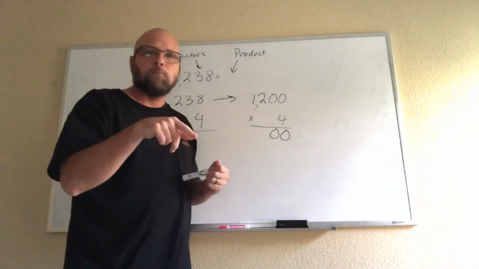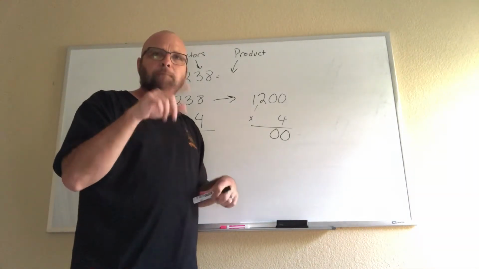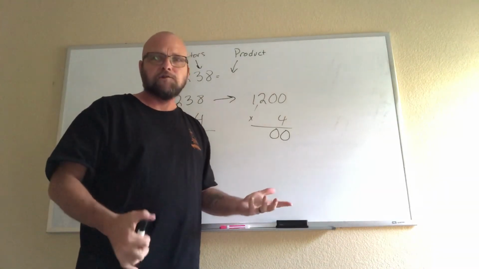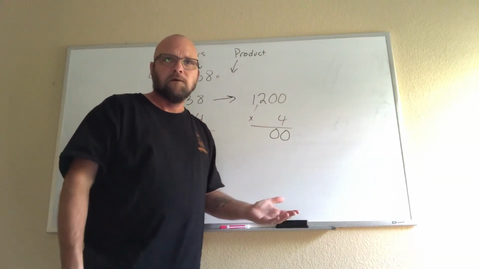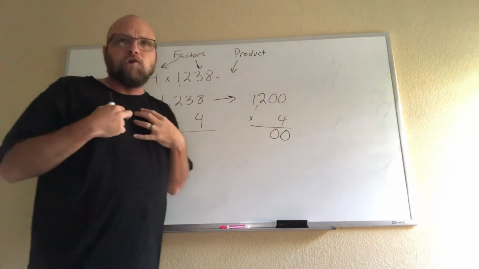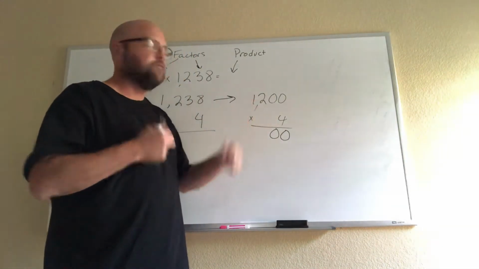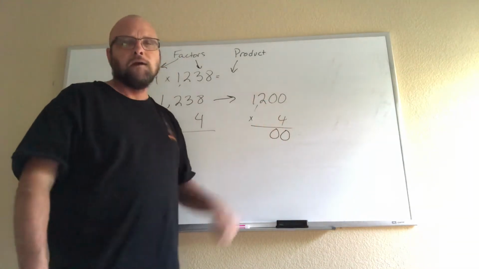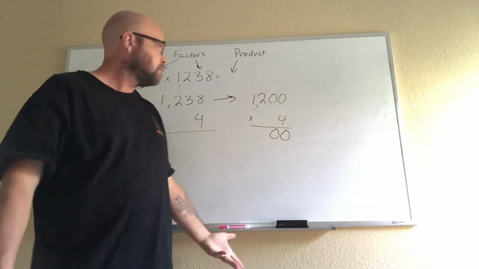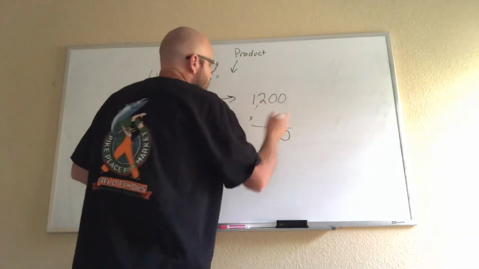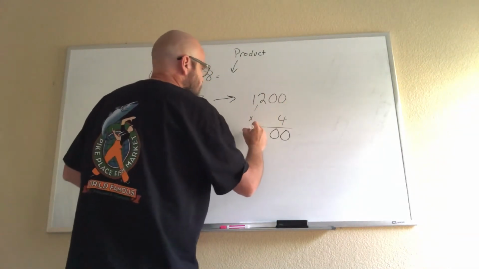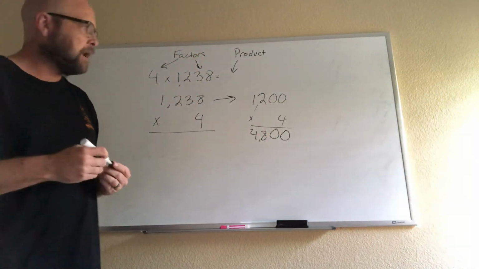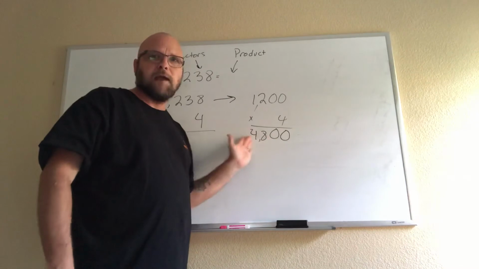Now, I can look at a multiplication chart, because as long as you're not taking that state test, you have access to your multiplication chart. So I can look at a multiplication chart and I can see what 12 times 4 is. I don't need to go 4 times 2 and 4 times 1. I can see what 12 times 4 is, and I'm going to get 48. Because 12 times 4 is 48. So my estimate is 4,800.